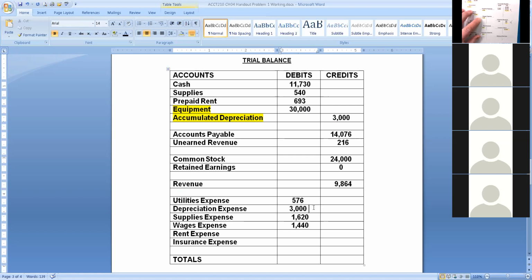Those don't line up. Oh, they have space between. Rent expense is 693. Insurance expense is 864.